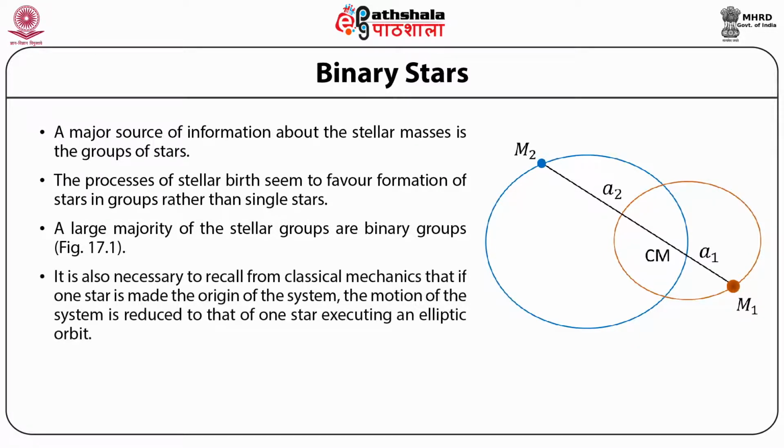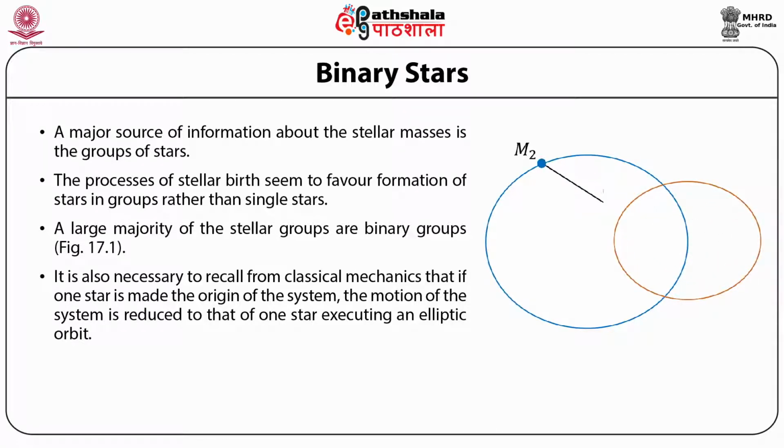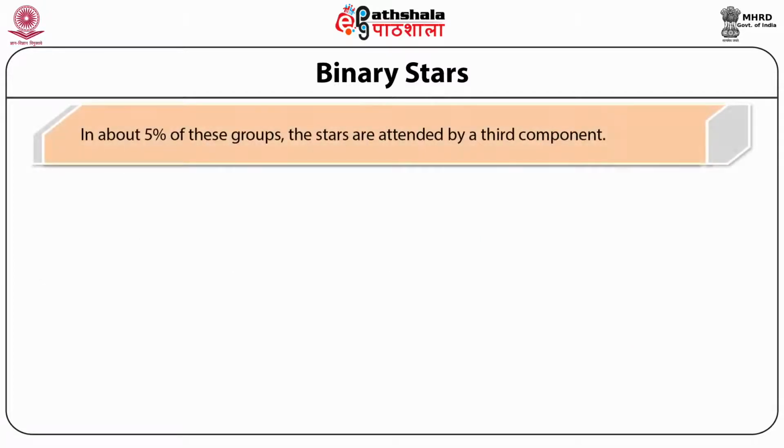It is also necessary to recall from classical mechanics that if one star is made the origin of the system, the motion of the system is reduced to that of one star executing an elliptic orbit. In about 5% of these groups, the stars are attended by a third component.